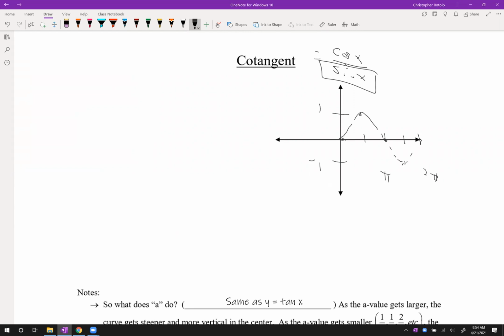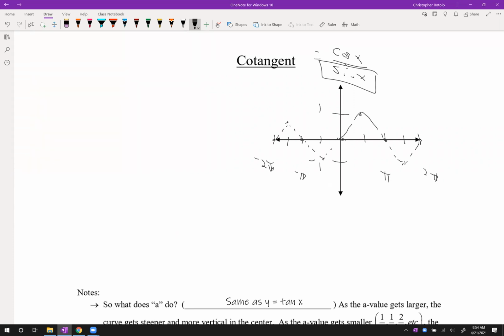So we'll put these in to get started. Negative 2 pi, negative pi. Ooh, that one looks really bad. Sorry. So we got this kind of continuing.